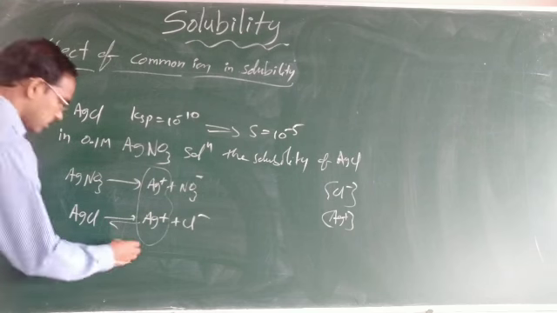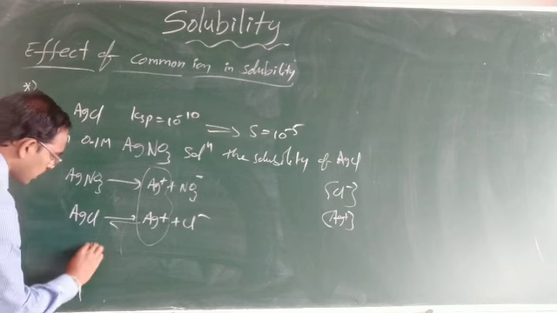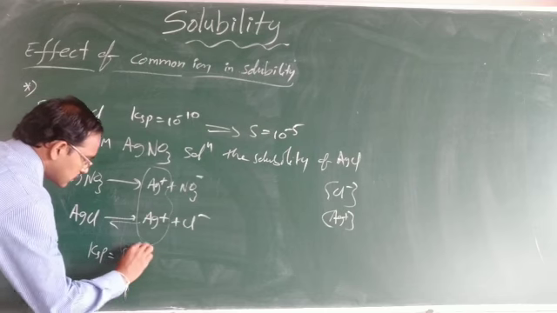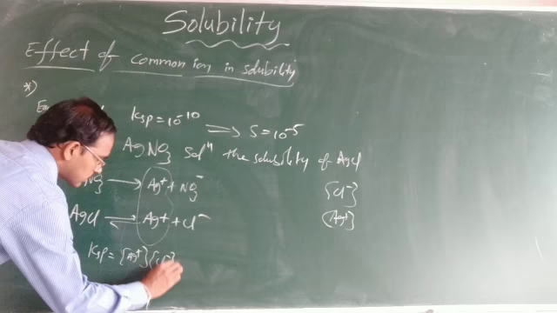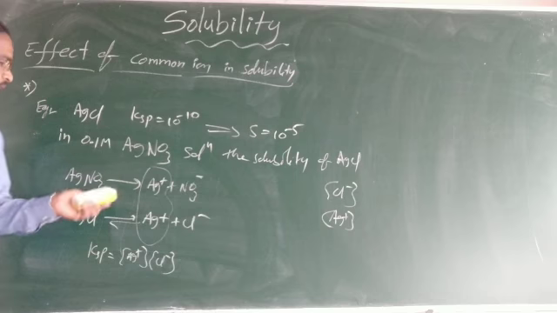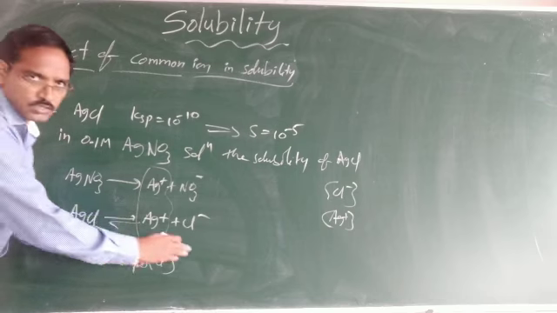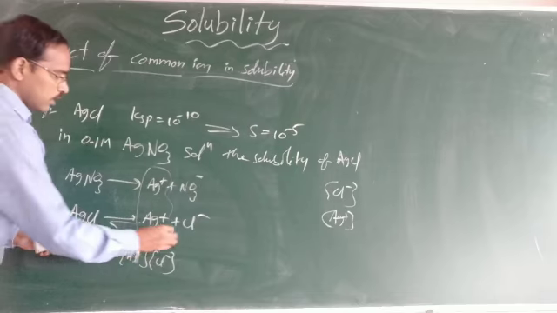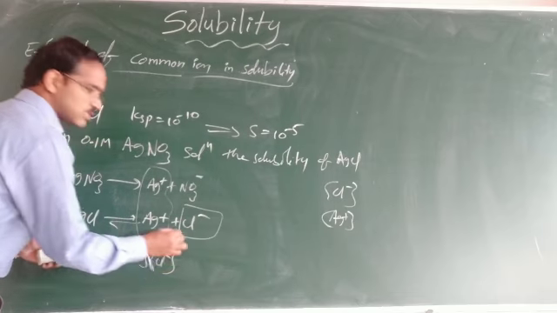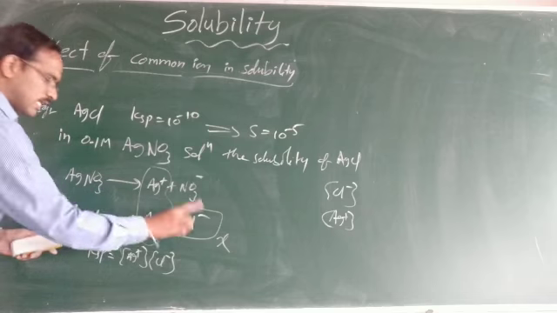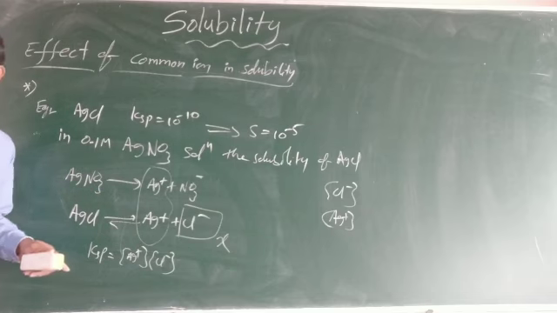Generally, we apply here Ksp equals Ag plus concentration into Cl minus concentration. Now the question is asking about AgCl solubility. AgCl solubility means how much AgCl is soluble, right? That's all. So indirectly, if you know the Cl minus concentration, suppose x, that means x of AgCl is dissolved.